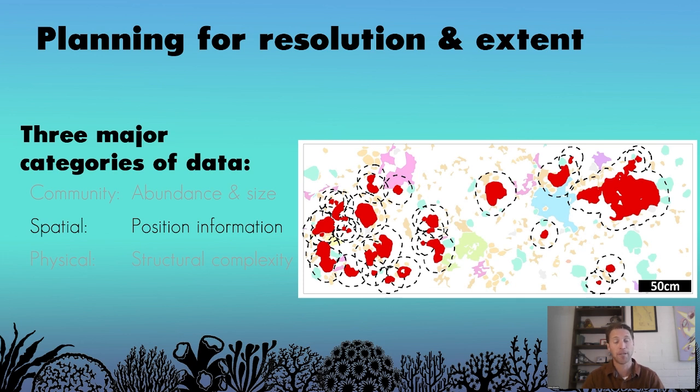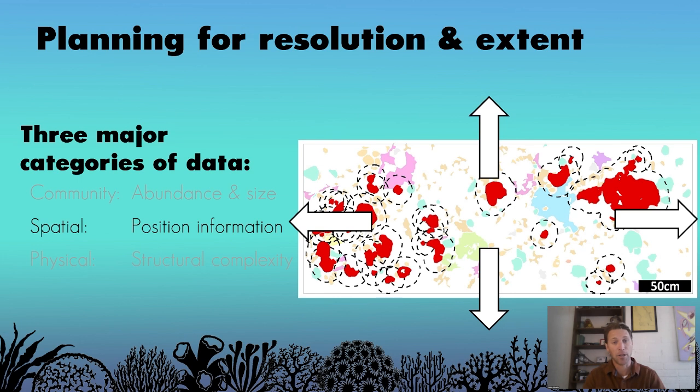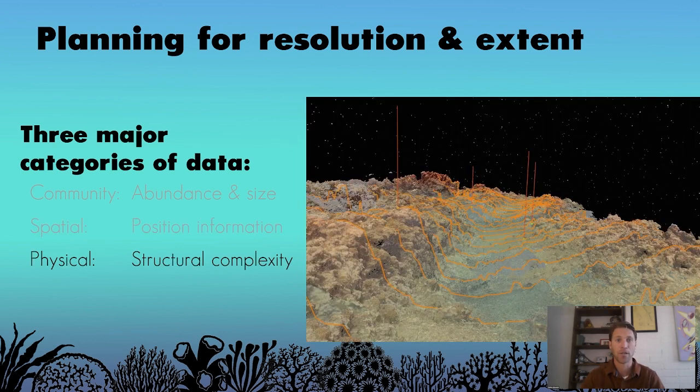Importantly, for any analyses that require explicit descriptions of colony shapes, such as the nearest neighbor analysis shown in this slide, you will need detailed colony boundaries, and as a result, higher resolution raw imagery. Additionally, many spatial analyses require buffers around the core study area to account for edge effects. It is thus recommended to consider such requirements when designing your surveys.